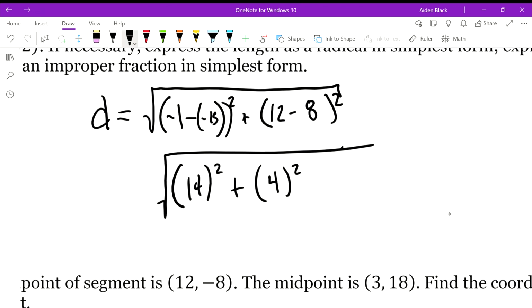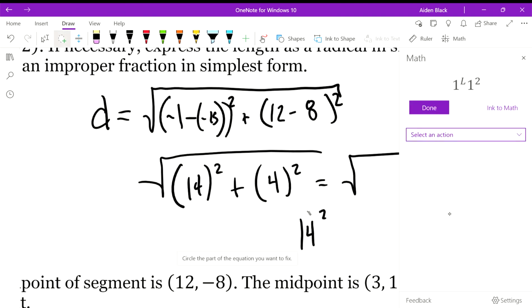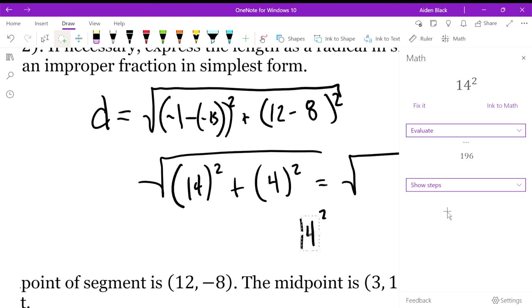Now we know this is equal to, what is 14 squared? I forget. There you go. 196, okay.